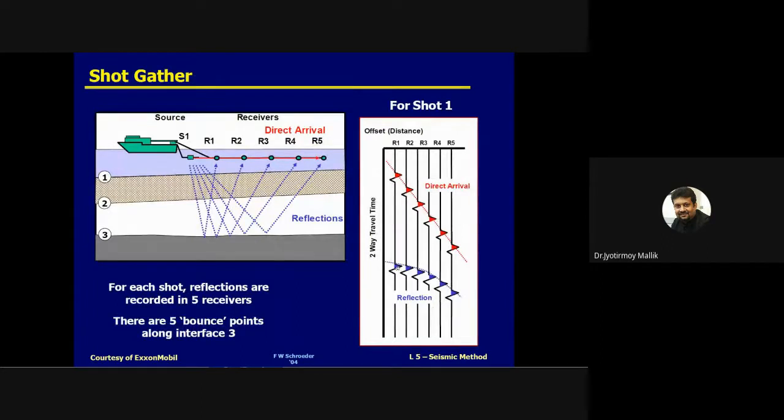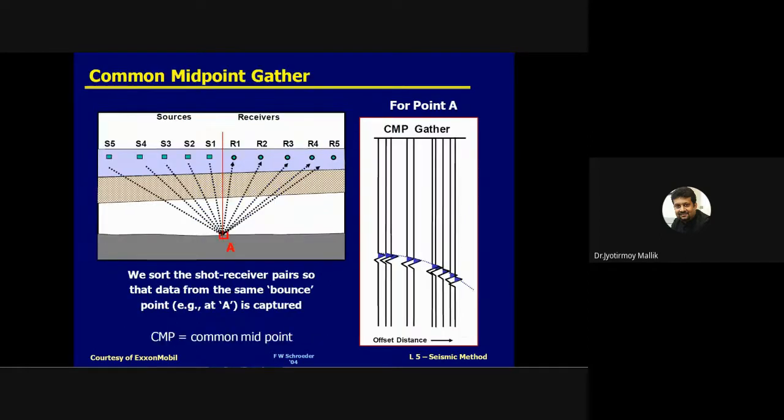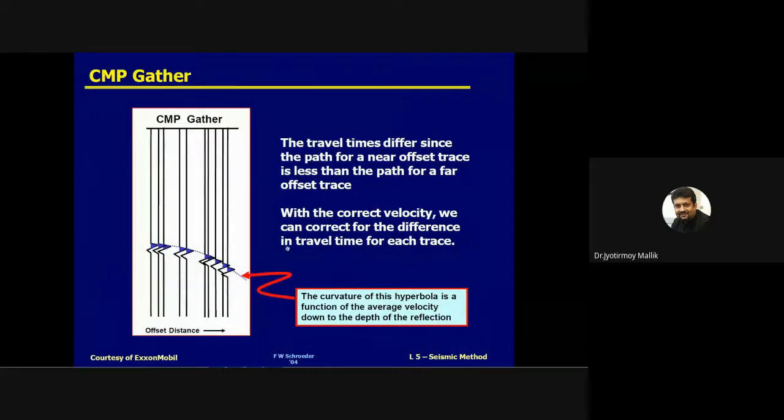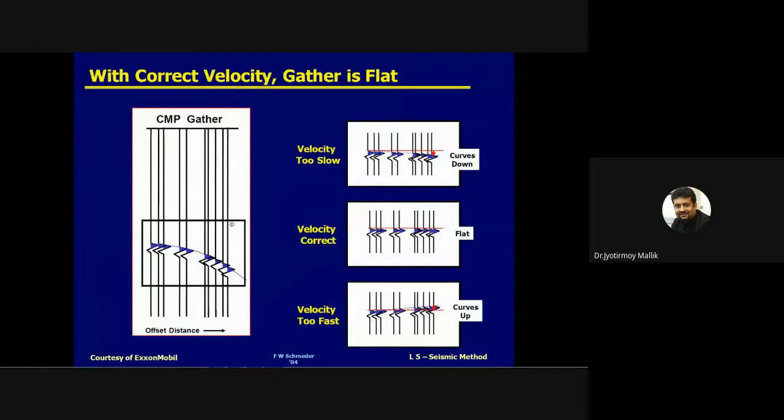This is a single fold image for this point, say point A. This is a 5-fold image of point A. I can even create a 10-fold image of point A.